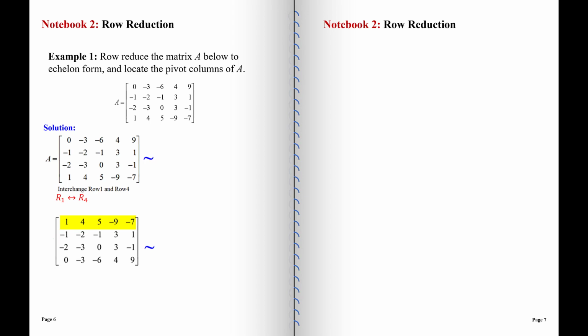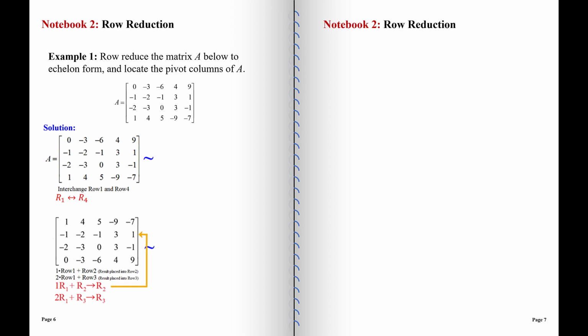So now we have a 1 in the 1, 1 position. We will use that 1 to introduce zeros below it. Accordingly, we want to do 1 times row 1 plus row 2, and put the result back into row 2. That's a type 3 operation. And in terms of an economy of writing out these matrices, we apply another elementary row operation at the same time.